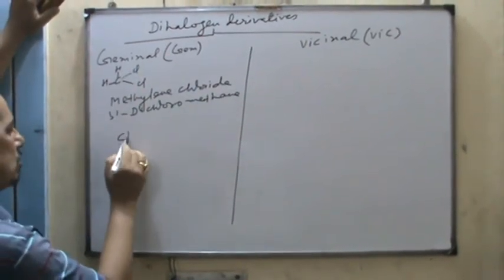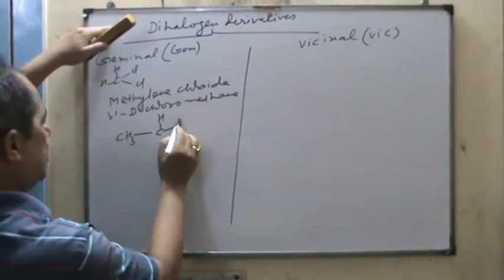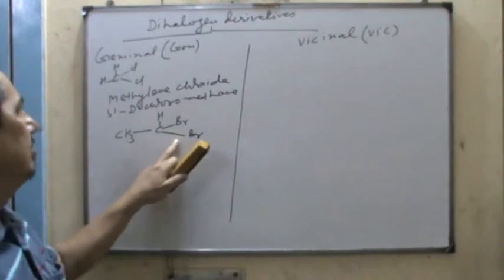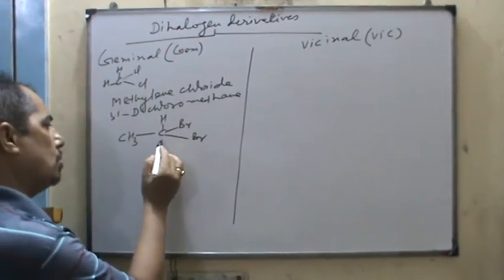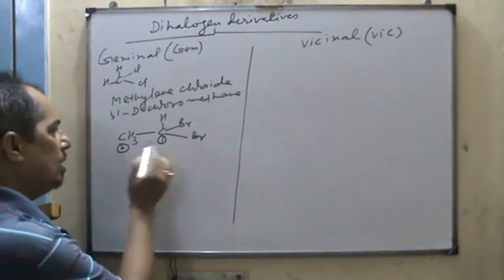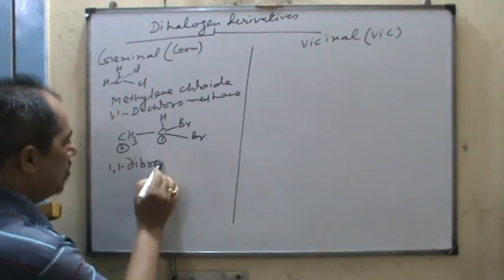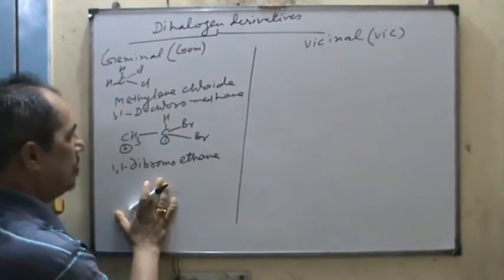If I write CH3, then CH, Br and Br. It is ethylidene dibromide, or IUPAC system. It is the 1, or it is the 1 comma 1. How many bromo? Dibromo ethane. Right?